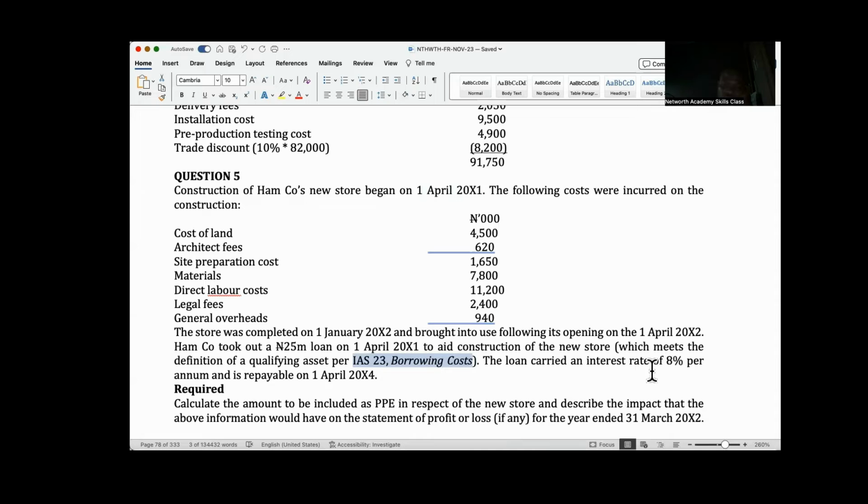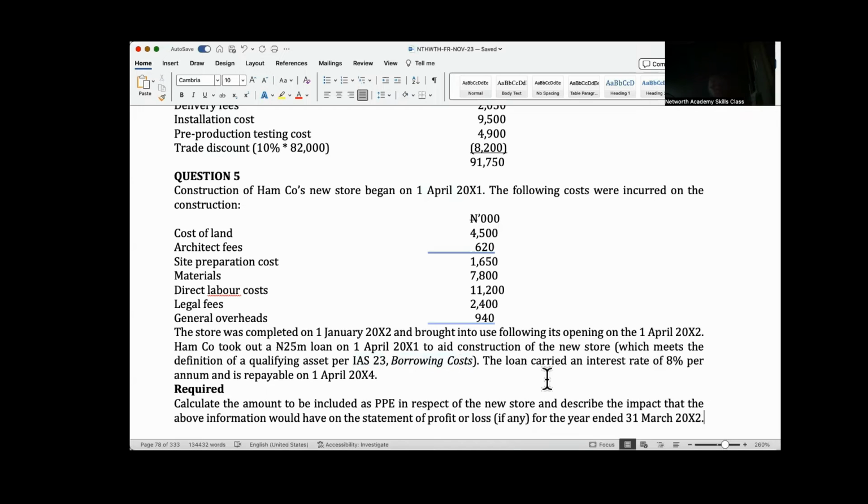So the loan carried an interest rate of 8% per annum and repayable in 2004. We're now required to calculate the amount to be included as PPE in respect of the new store and describe the impact that the above information will have on the statement of profit or loss for the year ended 31st March 2002.